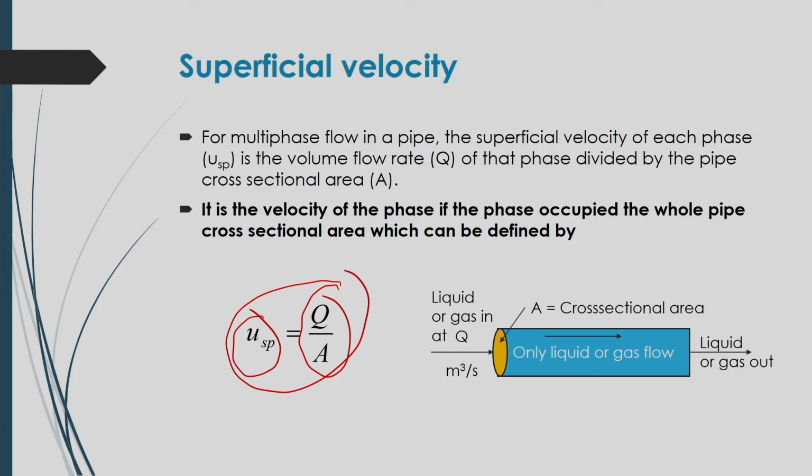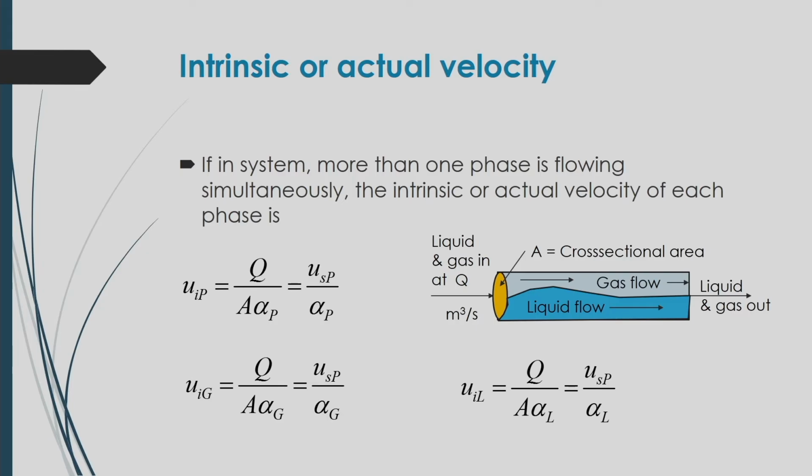But you will see that whenever two phases are there, the quantity will be different, because if you supply the gas and liquid mixture simultaneously in the same pipe, gas and liquid will not occupy the whole cross sectional area by the individual phase.